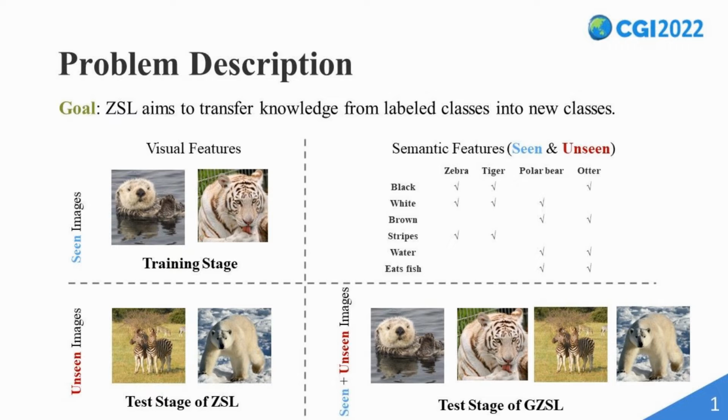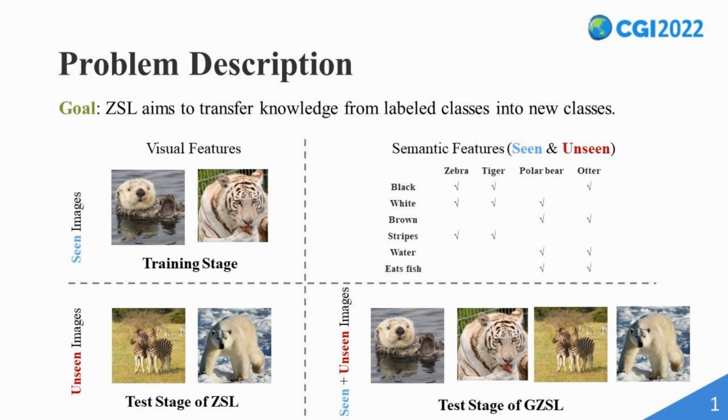Assume that the seen class set includes otter and tiger, while the unseen class set contains polar bear and zebra. During the training stage, both generalized zero-shot learning and zero-shot learning have access to the samples and semantic representations of the seen class set. According to the classification range, zero-shot learning methods can be categorized into conventional zero-shot learning and generalized zero-shot learning.